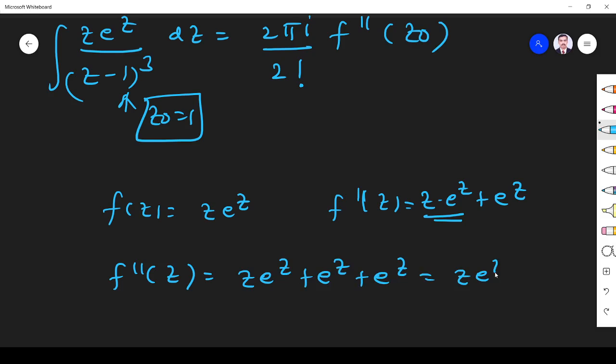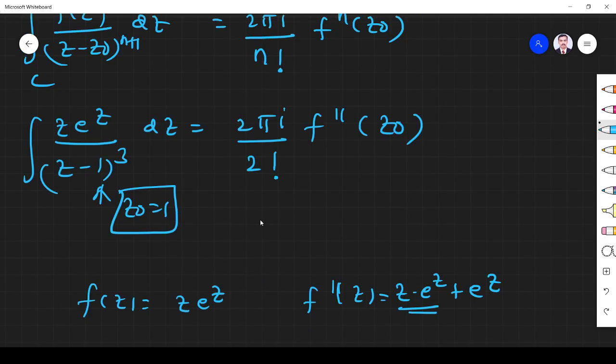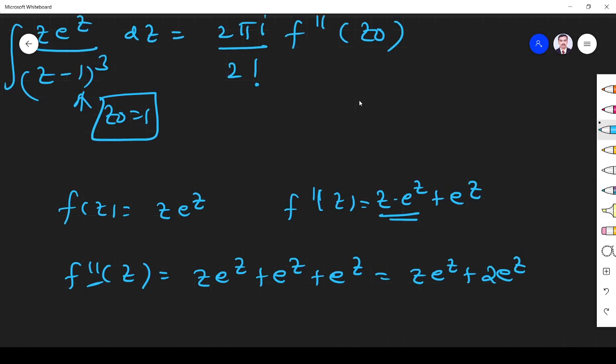So z e power z plus 2 e power z. What I need is f double dash of z naught, where z naught is equal to 1. So f double dash of 1: wherever we have z, substitute 1, giving 1 into e power 1 plus 2 into e power 1. So 3 e power 1.